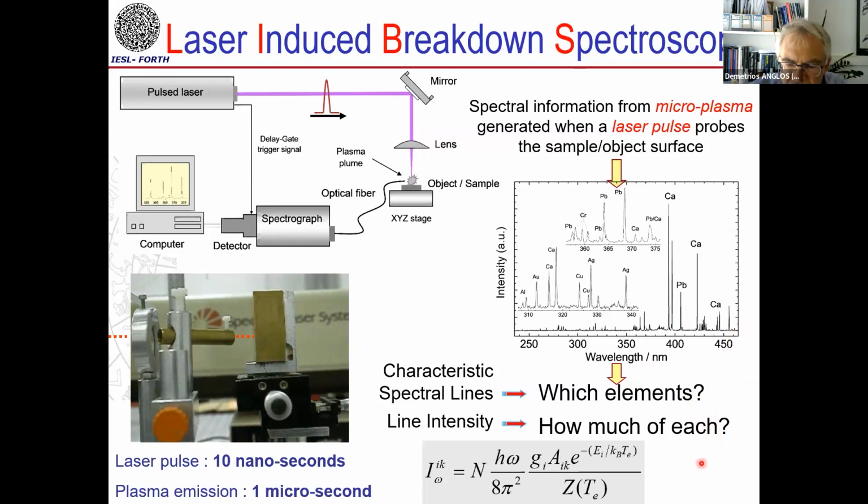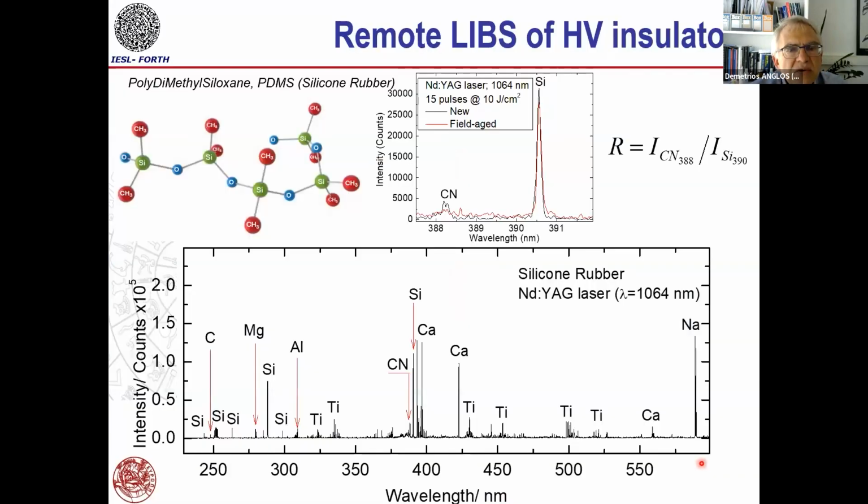So what we had with the insulator is that we get its spectrum. What you actually see is obviously silicon lines and also titanium and sodium, from environmental deposits, because these insulators are close to the seashore. As I said, the insulator material is PDMS, or silicon rubber, as they call it.